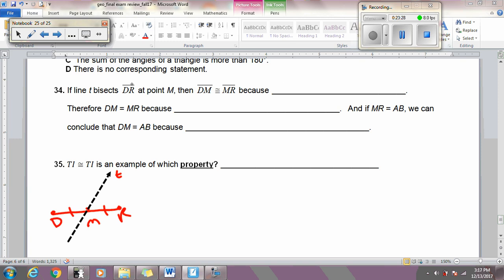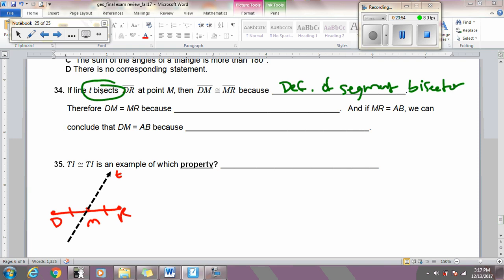Since we definitely used the word bisect initially, we should be using that word in our reason as well. That's a major hint also. So our reason will be the definition of segment bisector.